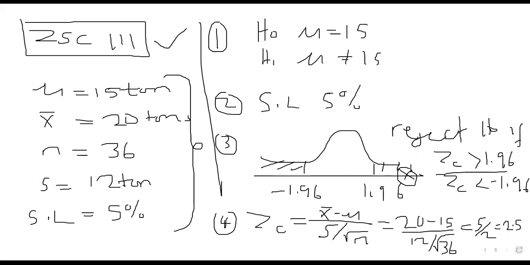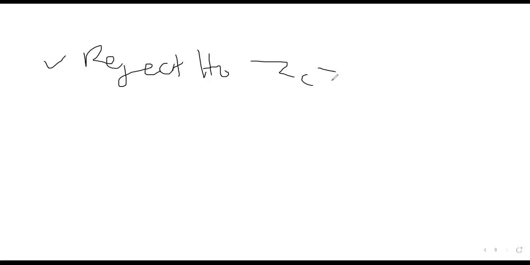You comment your decision based on the critical values. Number one, we reject H0, because our Z calculated is greater than 1.96. Conclusion or decision: the new seed is effective. Why is it effective? Because there's a statistical difference.